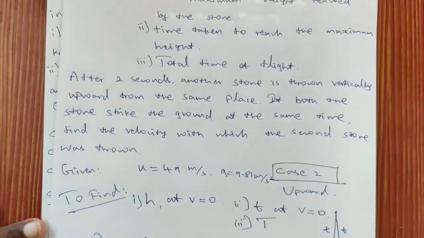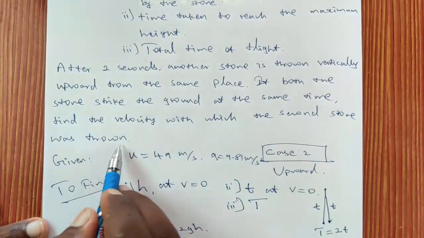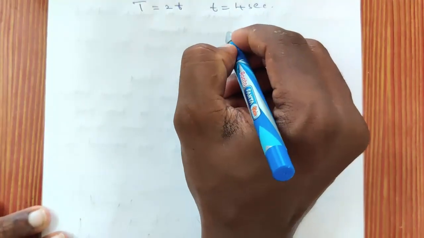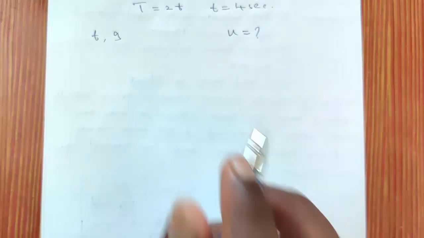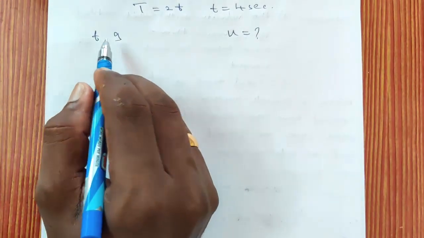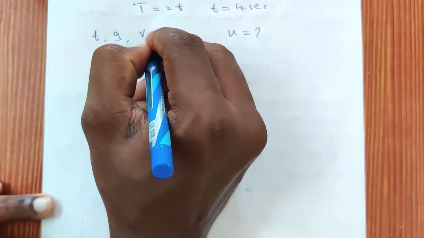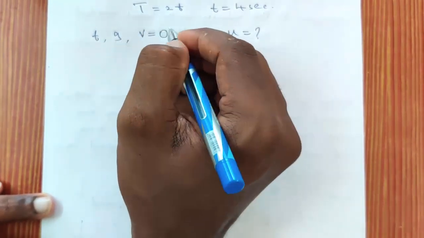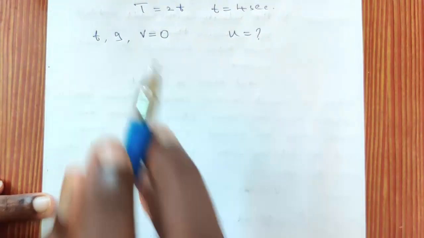Now we have to find out the value of velocity with which the second stone was thrown, that is the initial velocity. So u we have to find out. In the second case we have the value of t, g and the final velocity, because the final velocity is 0. Once the stone reaches the maximum height, its final velocity is equal to 0.